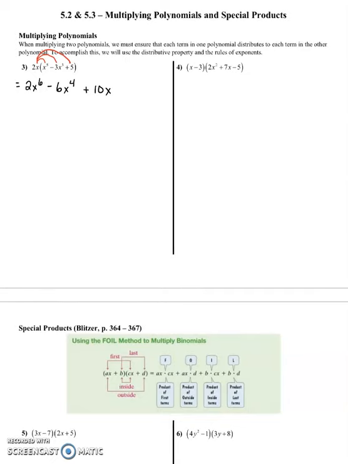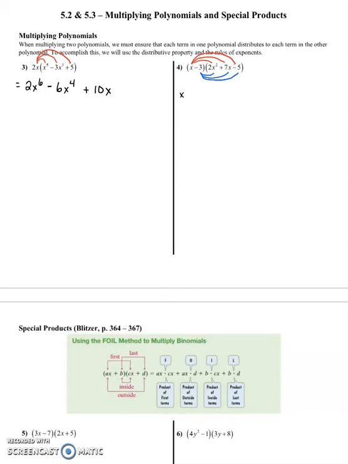Now, when we do number 4, we have to multiply the x by each term in the second polynomial. And we also have to multiply the negative 3, sorry, by every term in the second parentheses. So I'll write this one out the long way.